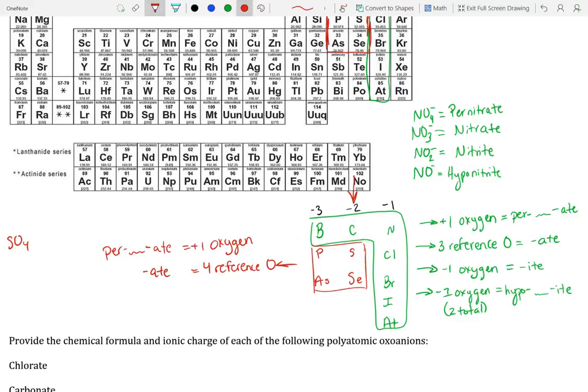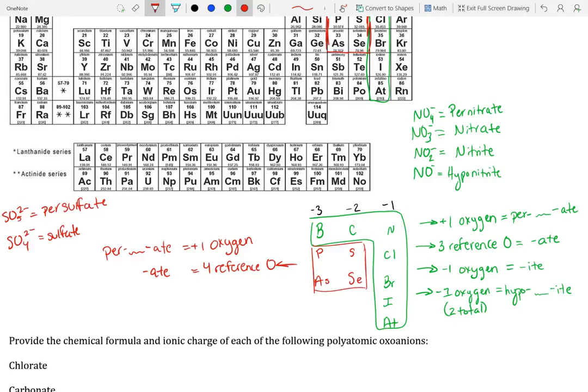So you should have sulfate with a charge of 2 minus. And notice it has 4 oxygens. Now we added an oxygen, so SO5 2 minus is equal to the prefix per, and then you say sulfate, and you keep the suffix ate. So that's persulfate.